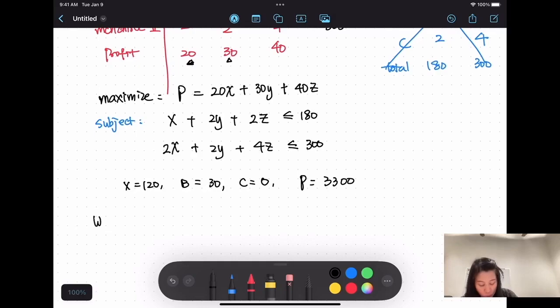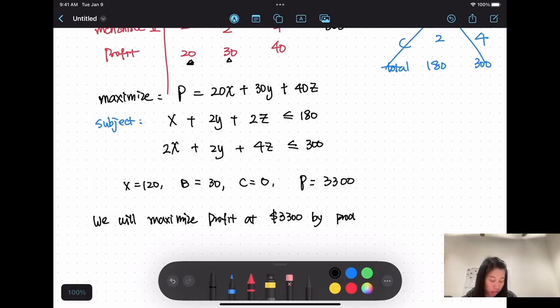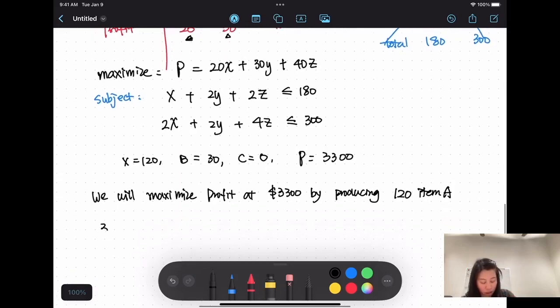So that means we will maximize our profit at 3,300 by producing 120 item A and 13 item B, and no units for item C.